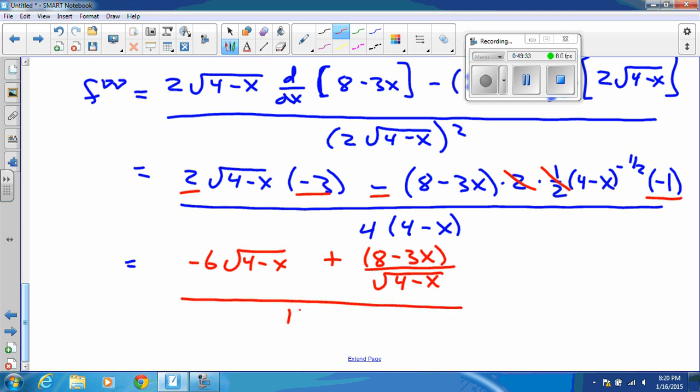Let's clean up a little bit by gathering factors. Negative 6 root 4 minus x. We have a factor of 2, so 2 and 2 cancel. Negative 1 times a negative gives me a positive. And 4 minus x to the minus 1/2 is, again, 1 over root 4 minus x.